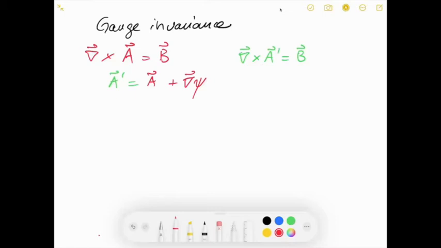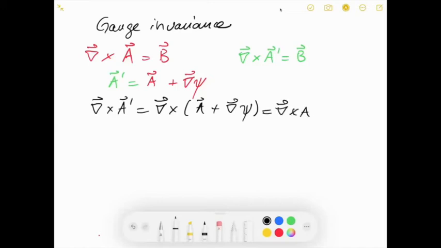And the answer is yes, because if we take the curl of A prime, that's going to be the curl of A plus the curl of the gradient of psi, and this thing is 0.